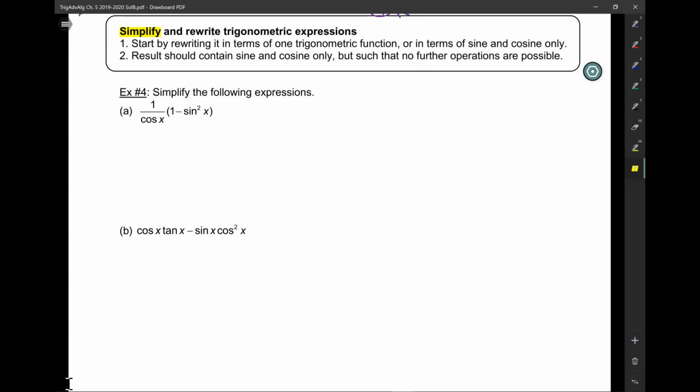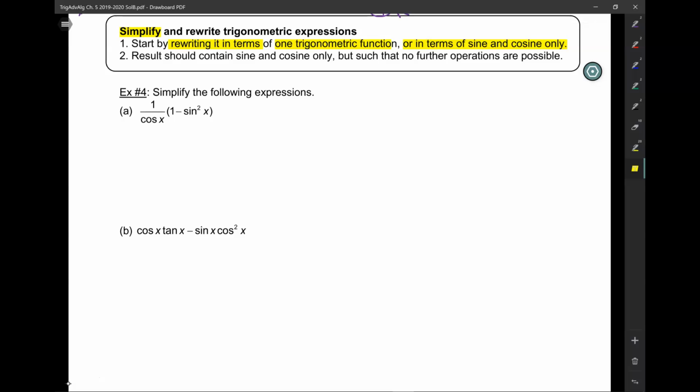What you're going to do first for these problems is this. Scan your problem. If you have a mix of functions, sine, tangent, cosecant, and so on, rewrite them in terms of one trig function or in terms of sine and cosine only.